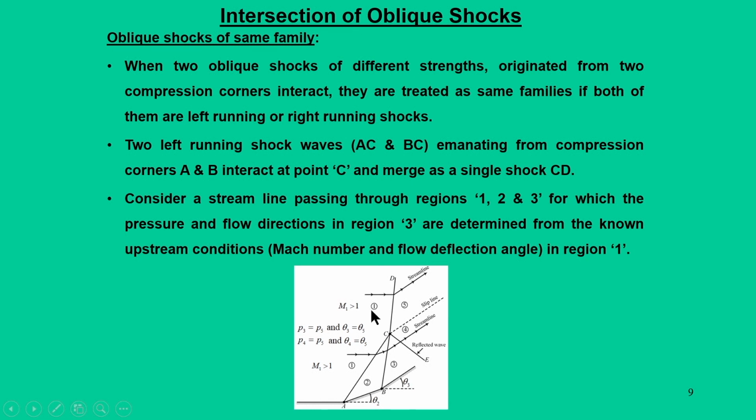Now, for this situation, from the streamline point of view, the streamline which is far away from the initial surface of this wall now sees only a single shock, whereas the streamline adjacent to this wall goes through two shock systems, that is AC and BC, and the streamline that comes from far away sees only one shock, the CD.